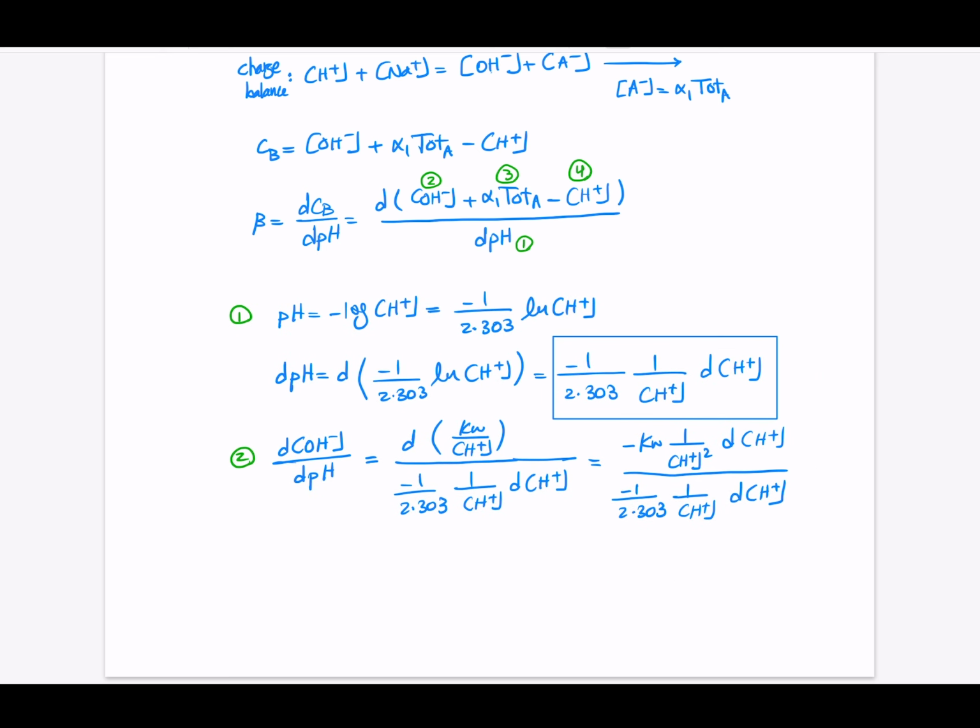So we can now simplify this because this can be simplified a little bit more. And we get 2.303 Kw over H plus, or 2.303 OH minus.